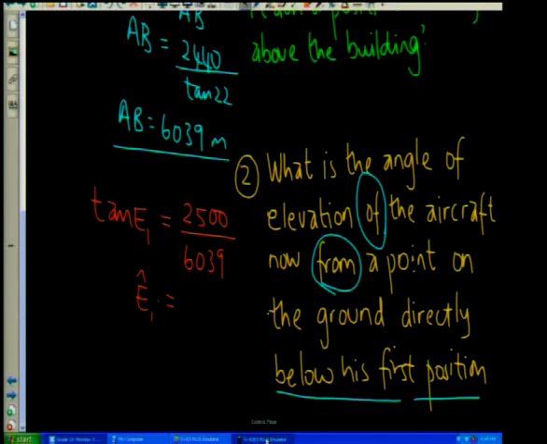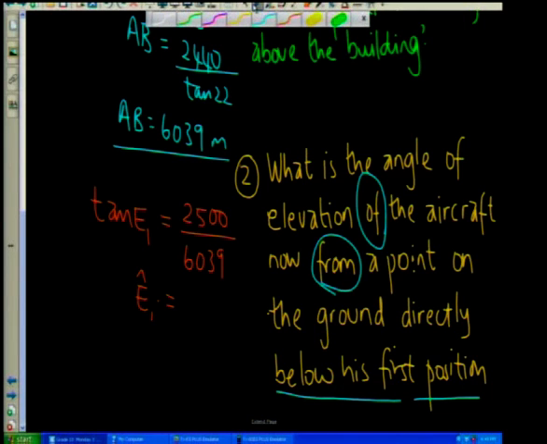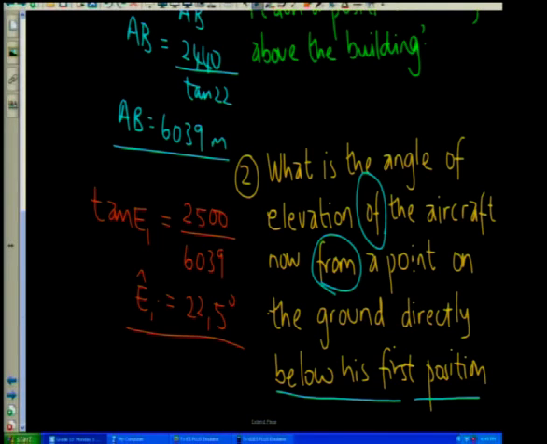So on our calculator, we're going to have a special button that finds us the angle, which is that tan to the minus 1. So we're going to first press the function, and then we need 2500 over 6039, and we just want to get out of that. And what is the angle? Well, 22,5. So it is almost the same as the angle of depression earlier, just half a degree.